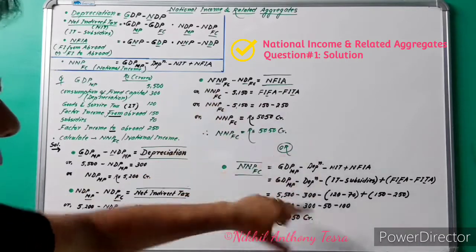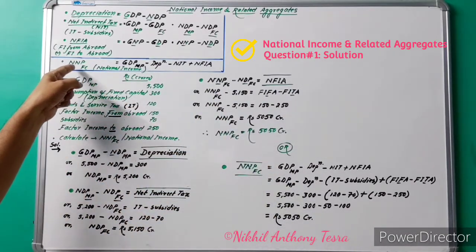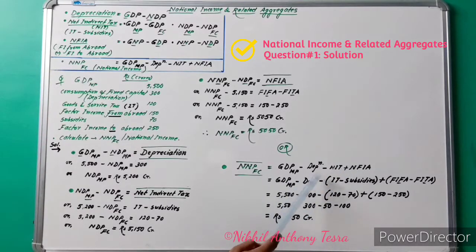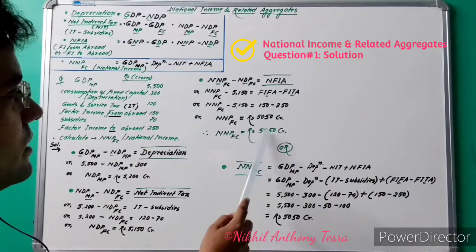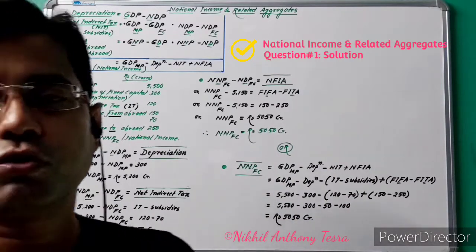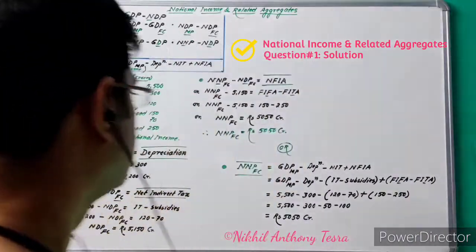And another method is utilizing the fourth formula, NNPFC equals GDPmp minus depreciation minus NIT plus NFI. Utilizing this formula, the answer is the same, 5050 crores. So you can choose any of the methods and you can get the solution.